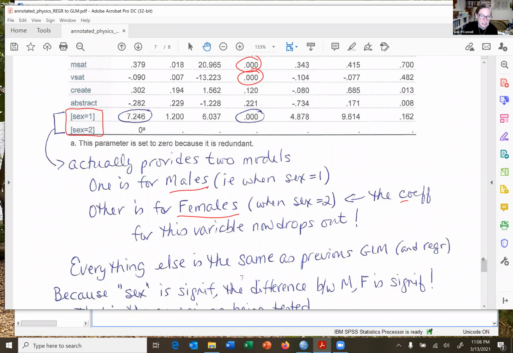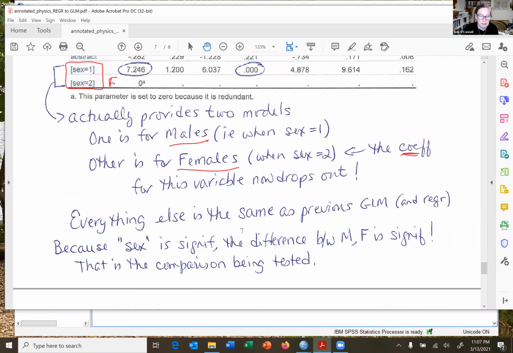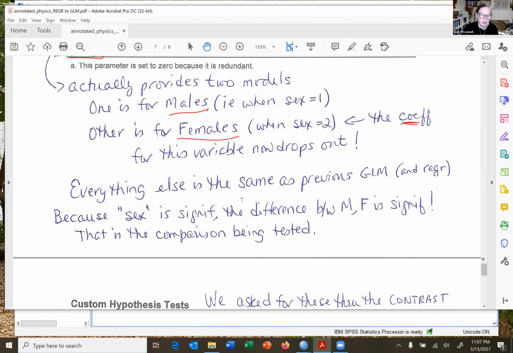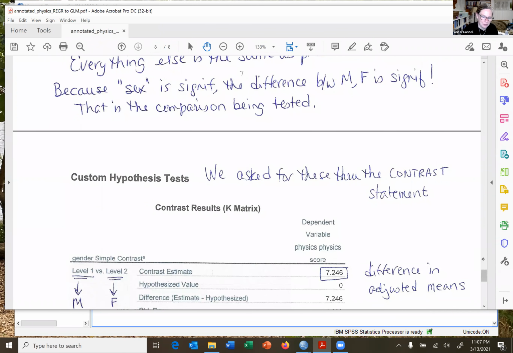So that coefficient for sex equals 2, that's females, actually drops out of the regression equation. So everything else is the same as the previous GLM and the regression. And because the variable sex is significant, the difference between males and females is also significant. That's the comparison being tested because it's dichotomous here, and the two levels being compared are just males versus females.